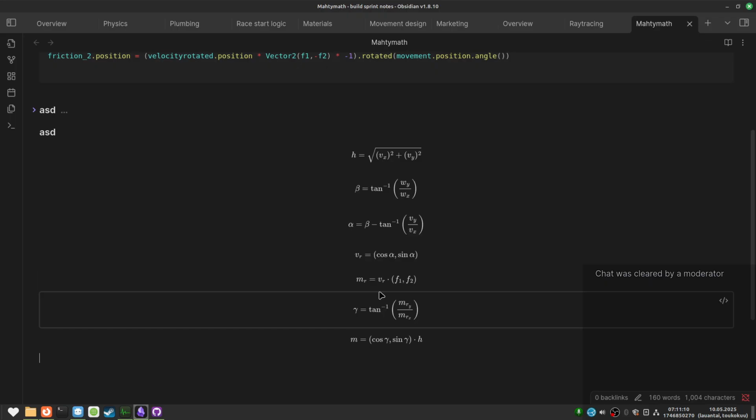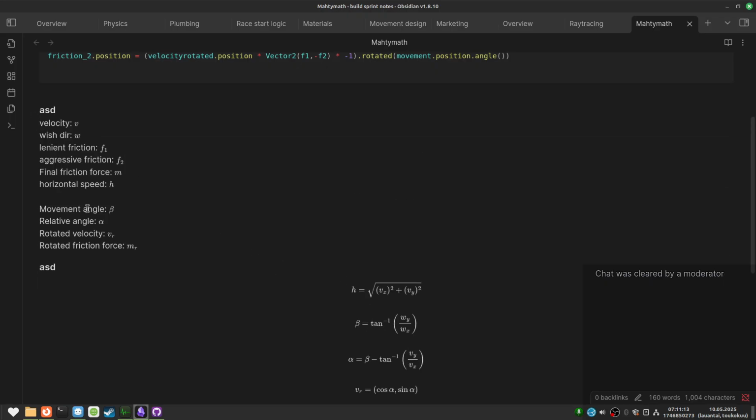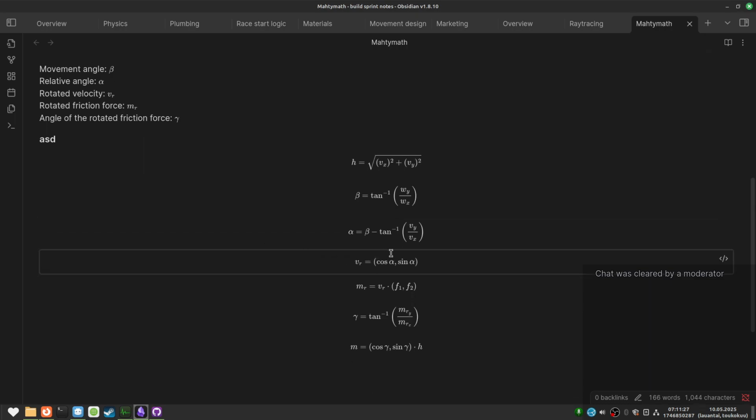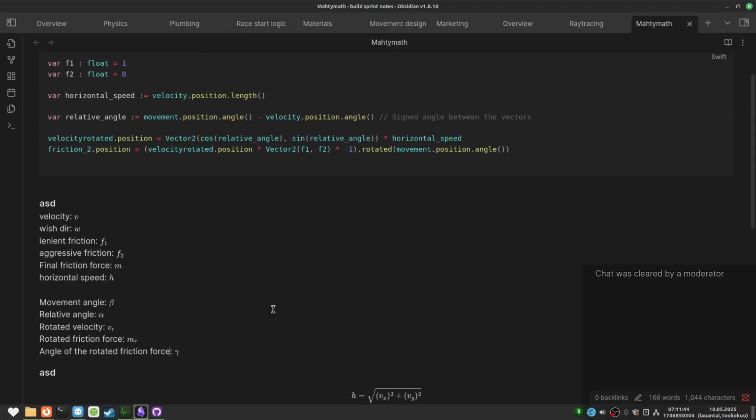We take the angle of the rotated movement vector. I think this is all I want to do. With the angle of the rotated friction movement, we construct a vector, and then we multiply it by the length. Is that correct?